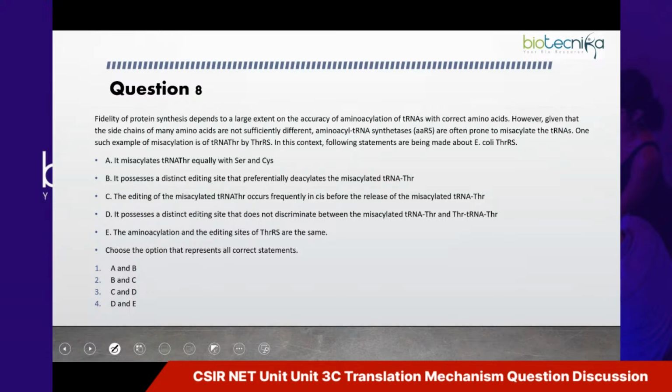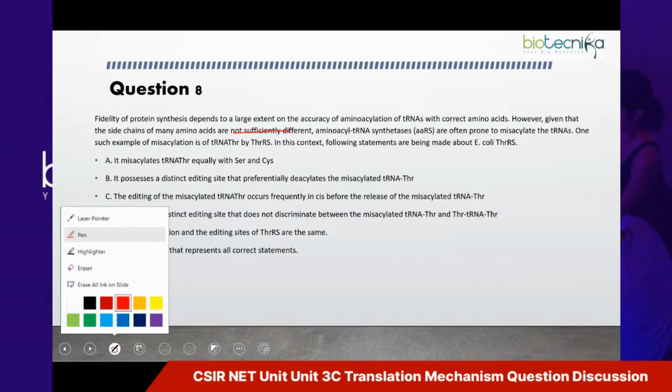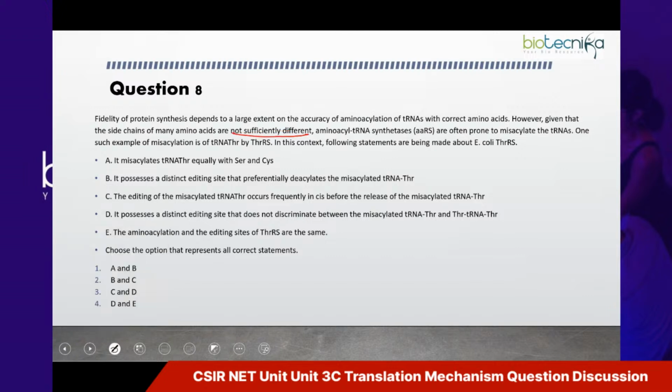All right, moving on. Next question. Fidelity of protein synthesis depends to a large extent on the accuracy of aminoacylation of tRNA with the correct amino acid. However, given that the side chains of many amino acids are not sufficiently different, aminoacyl-tRNA synthetases are often prone to misacylate the tRNA.